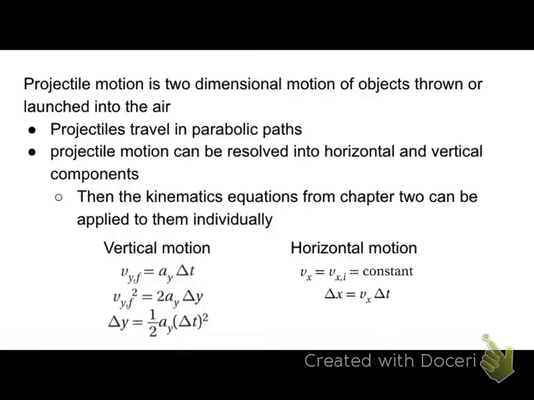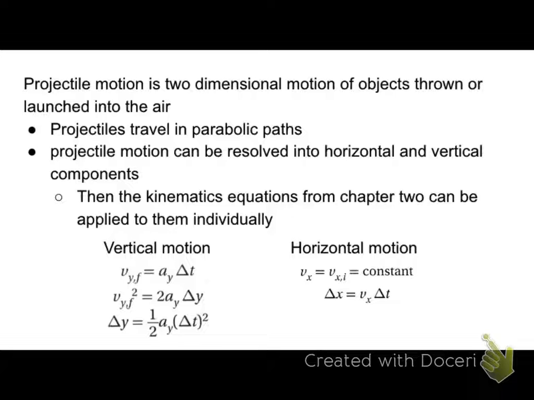And now these equations that we're looking at right now are for when the vertical motion of the projectile falls from rest. So we're talking about falling projectiles. You'll notice that in the final y velocity equation, they've removed the initial velocity because we're assuming it's falling from rest.